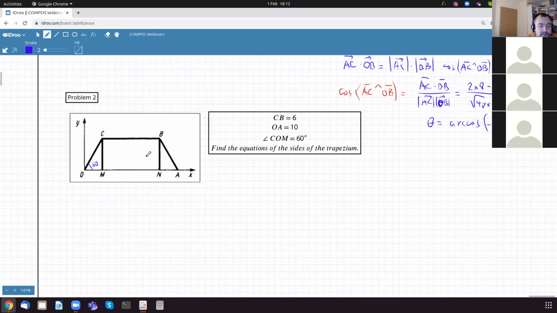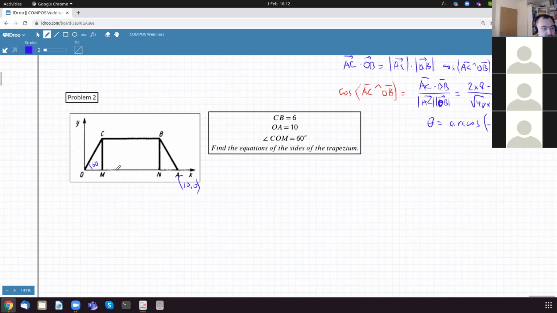Well, it all comes down to just finding the coordinates. So A is (10, 0). Now we know that CB is 6.